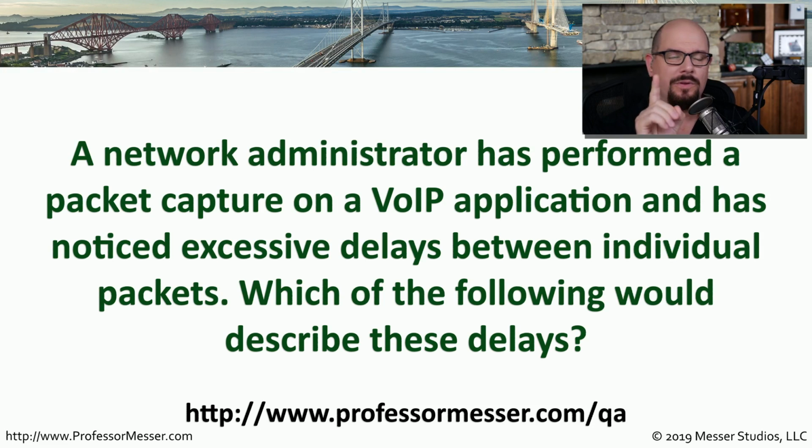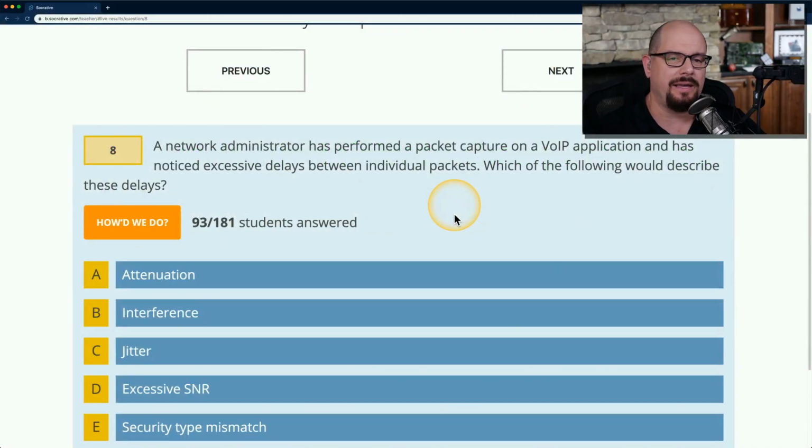Now, for those of you that were listening earlier, you were probably able to answer this question. The network administrator performed a packet capture on a VoIP application, has noticed excessive delays between individual packets. Which of the following would describe these delays? It is an option between attenuation, interference, jitter, excessive SNR, and a security type mismatch.